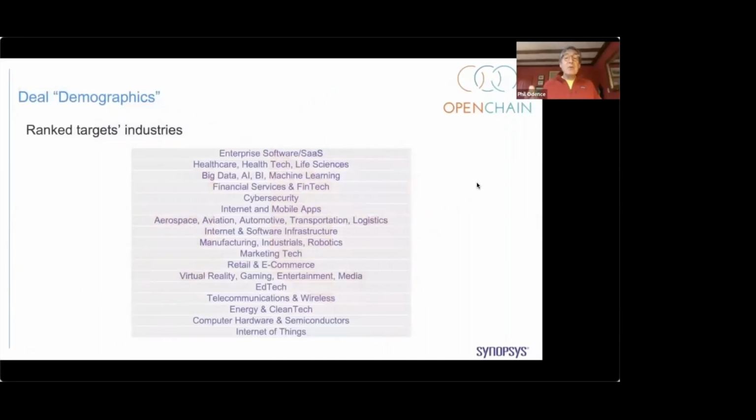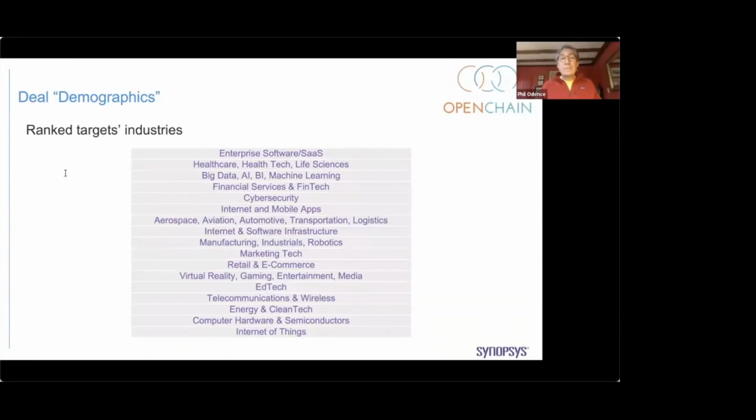And just to give you a sense, these are the industries of the companies that we audited. They are ranked, so big ones at the top: enterprise software and SaaS, healthcare, big data, of course, fintech is not a surprise, cybersecurity.